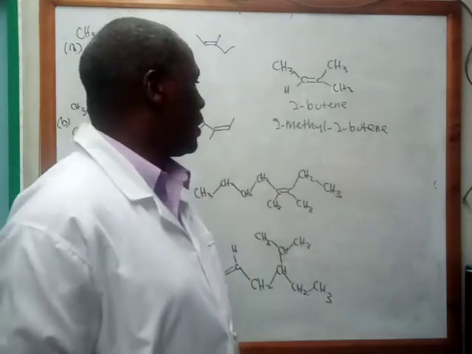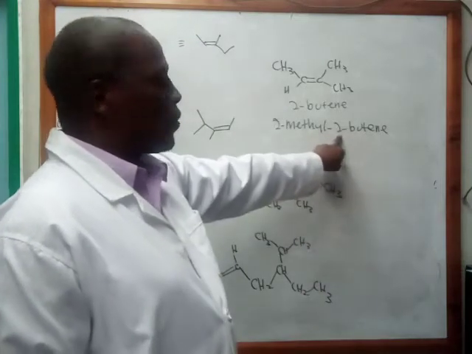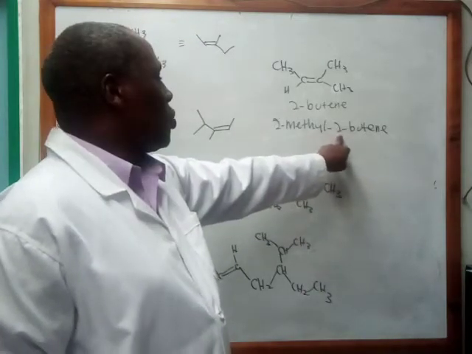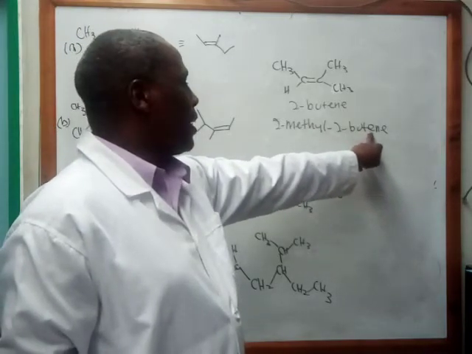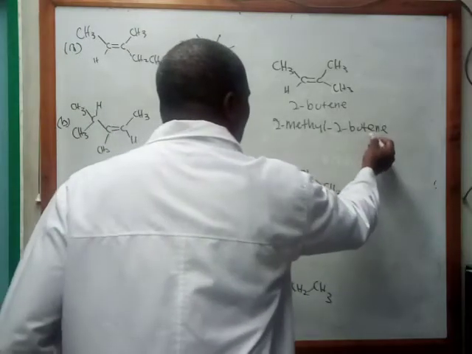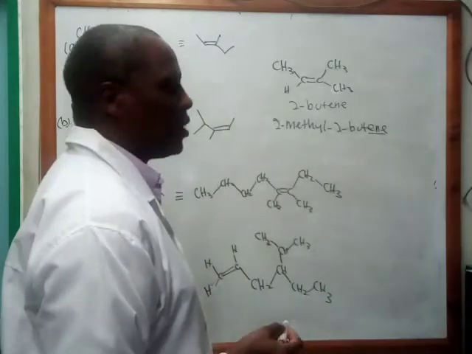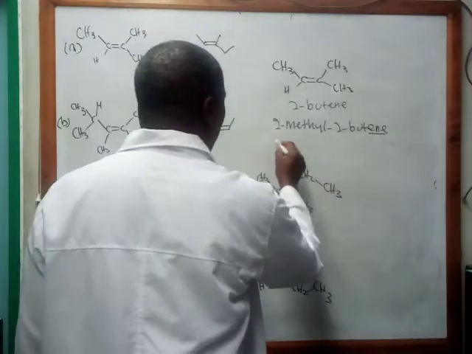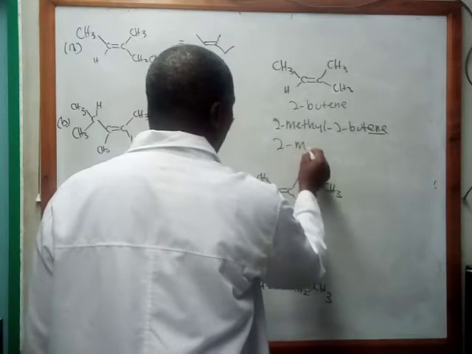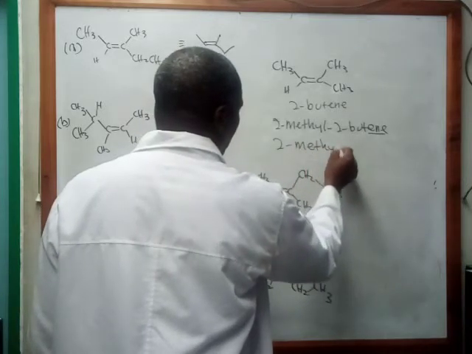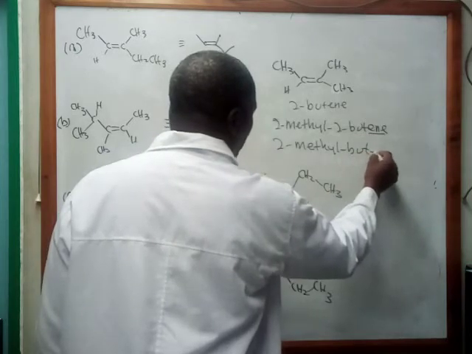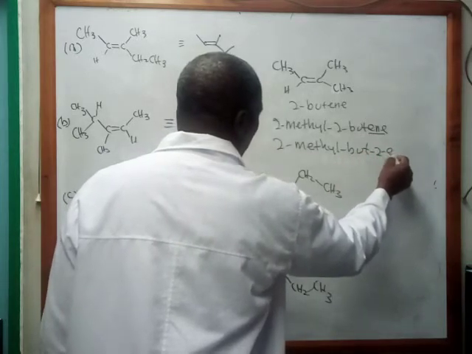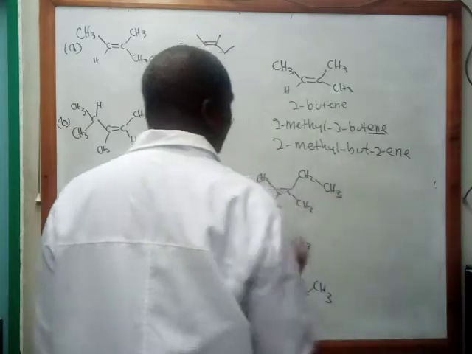So what the scientists have done is, for the position of the double bond, you can move it inside, before the ENE, so that this one can also be called 2-methyl, and then you put but, and then before the ENE you put the number 2, and then you put the word ENE.